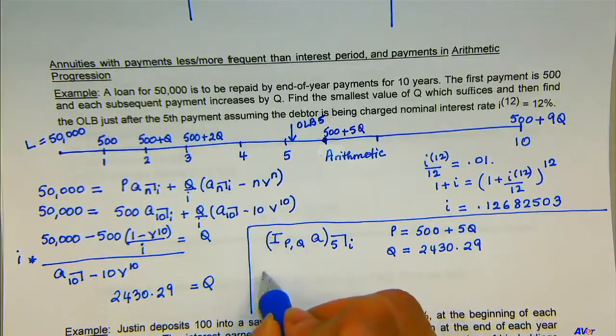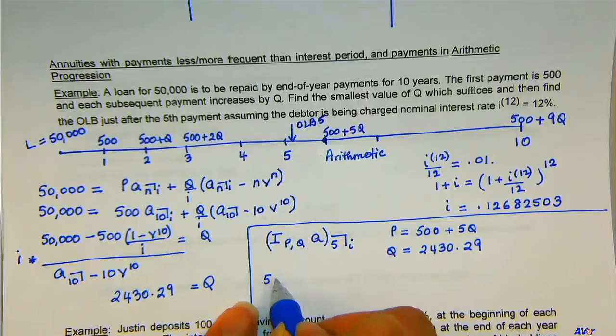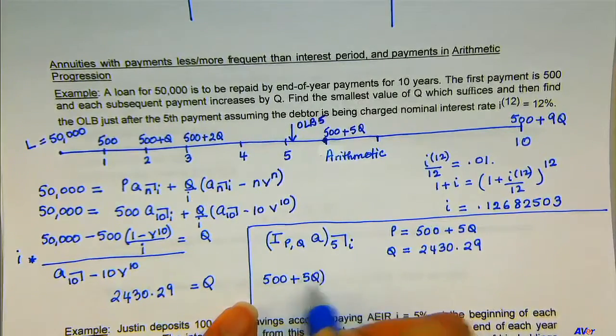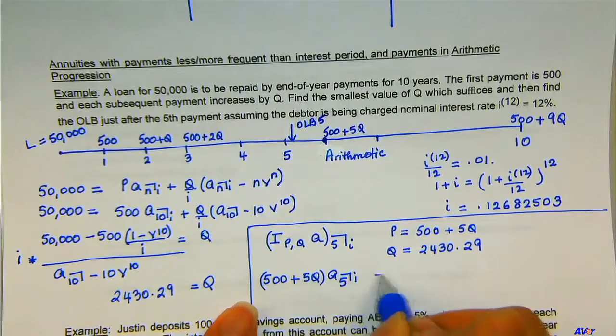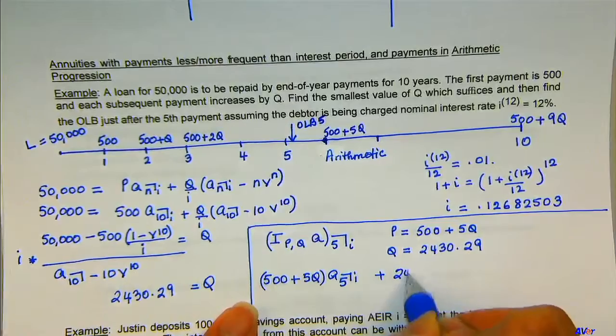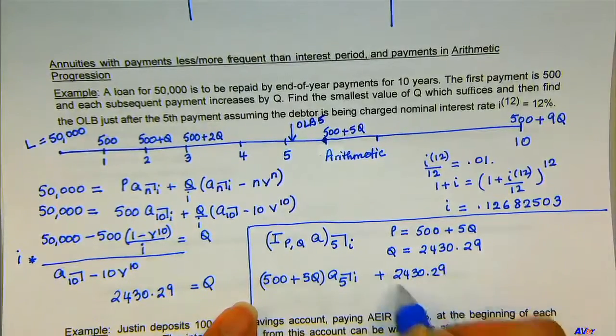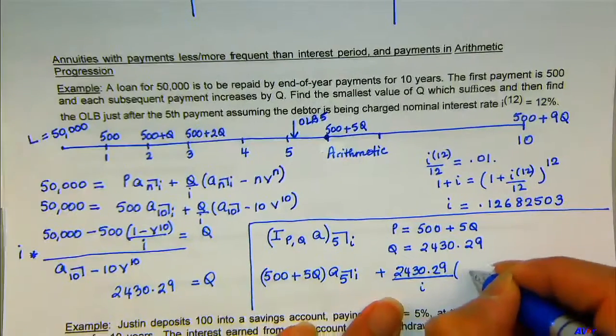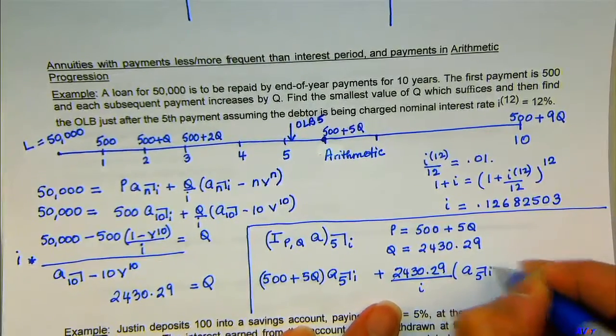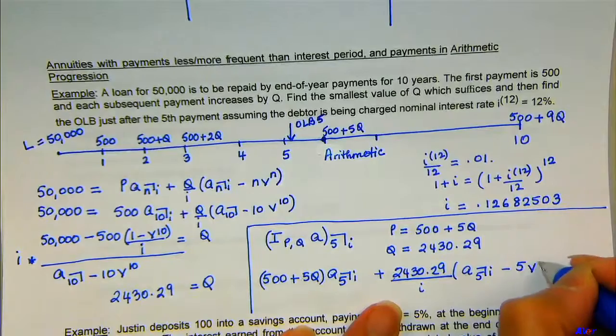And the formula: P, which is 500 plus 5Q, A angle 5I, plus Q, 2430.29, divided by I, times A angle 5I minus 5 V to the N, so V to the 5.